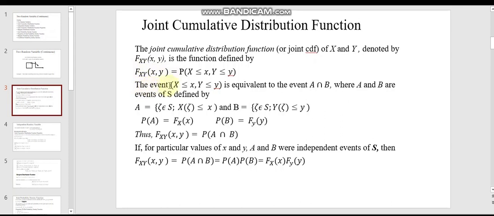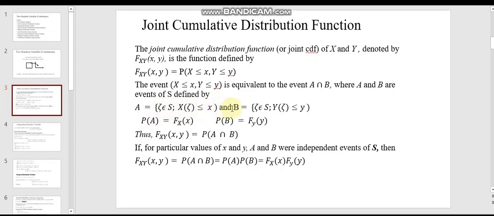The event when X is less than or equal to some value x and Y is less than or equal to some small y is equivalent to A intersection B, where A and B are events of sample space S. The event A is the set of zeta belonging to the sample space S such that X of zeta is less than or equal to small x.